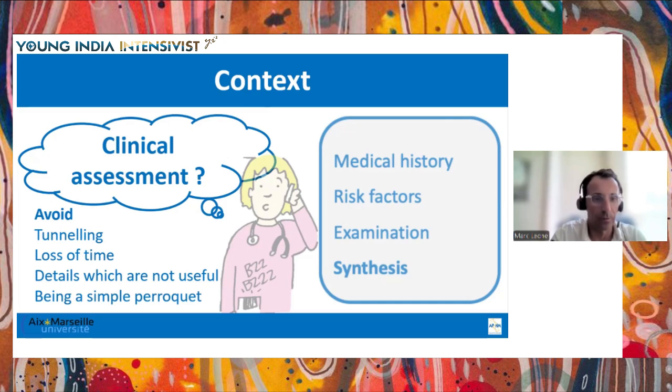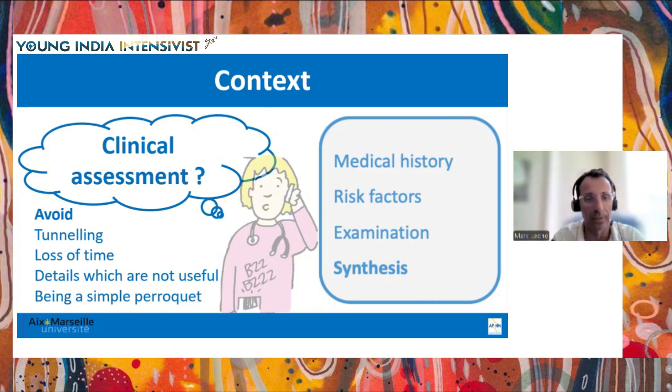What is important for this is to avoid what I call tunneling. For example, you receive a patient from pre-hospital or from the emergency department, you are in the ICU, and the previous doctors told you this patient is bleeding, and so you are not considering any diagnosis other than bleeding.